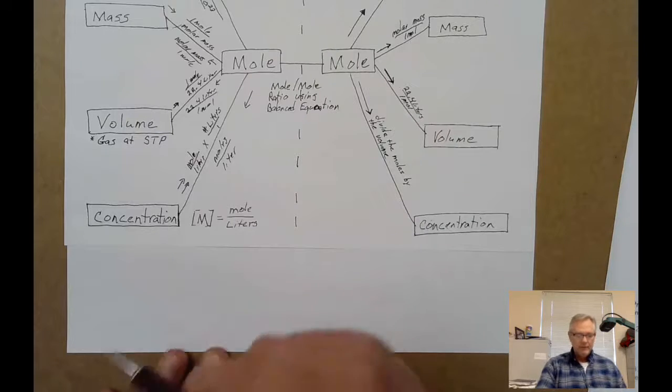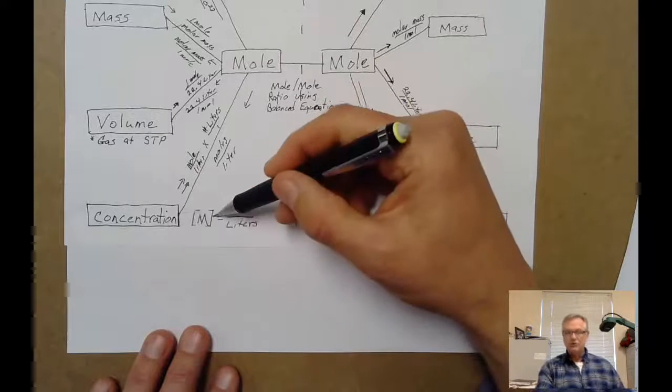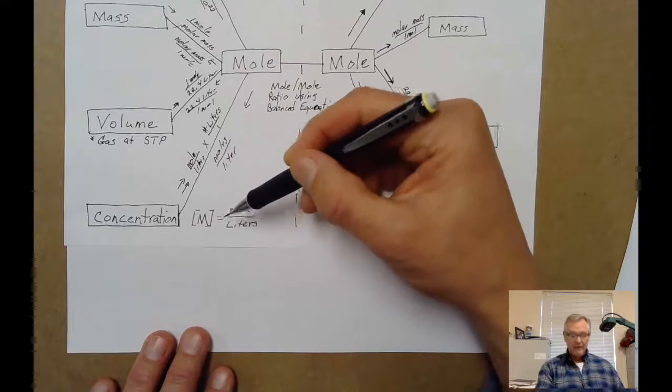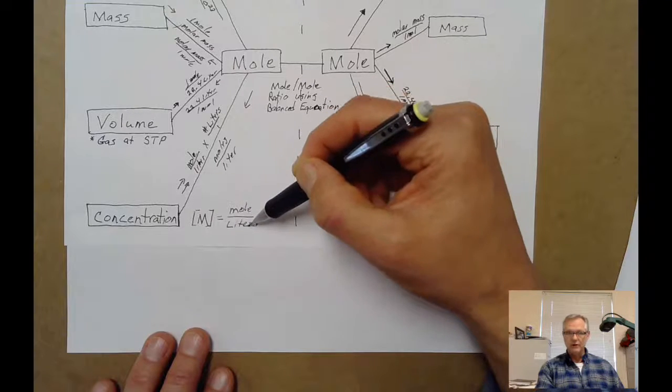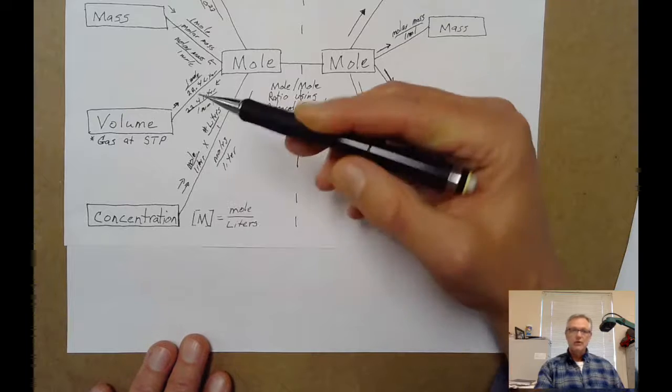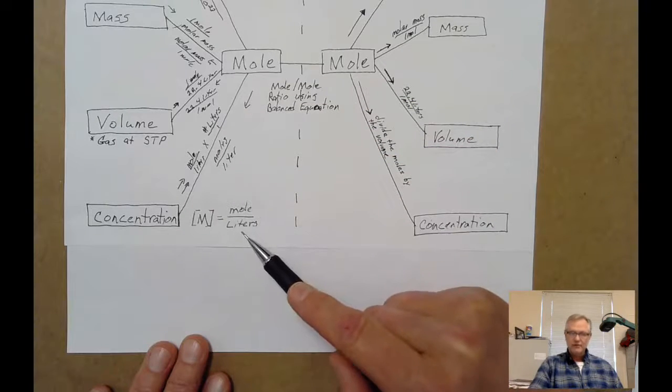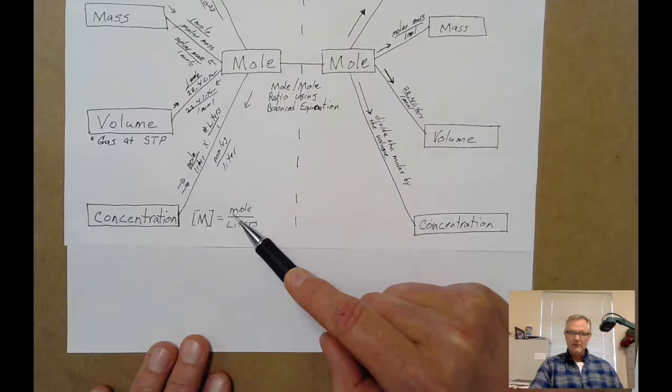So if you remember, we have concentration, which is measured in molarity, capital M, and capital M is the number of moles over liters. So if we can factor out the liters right here, that would leave us with just moles.